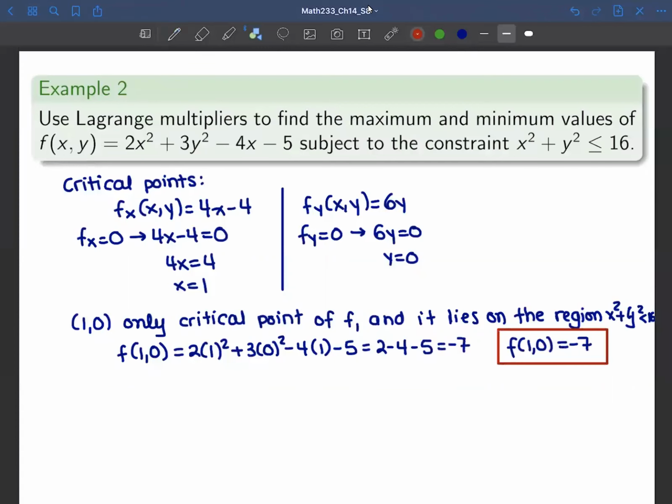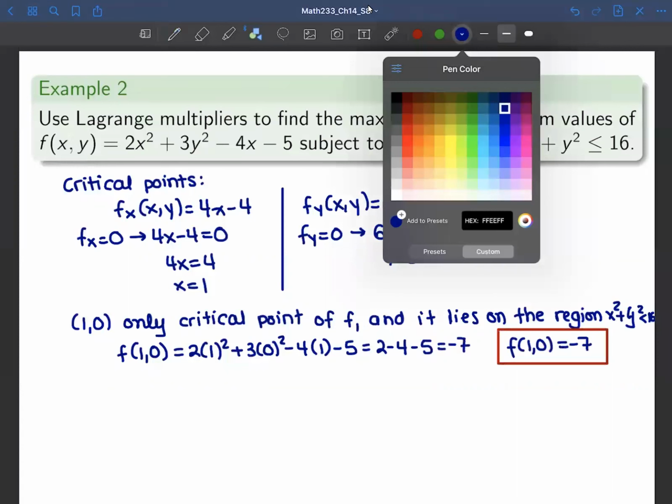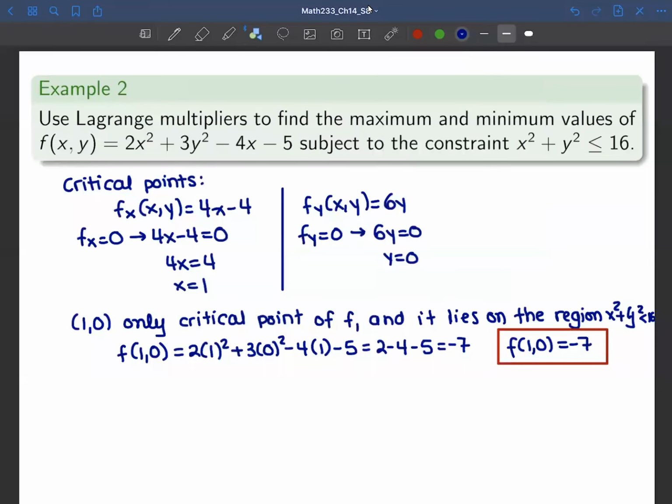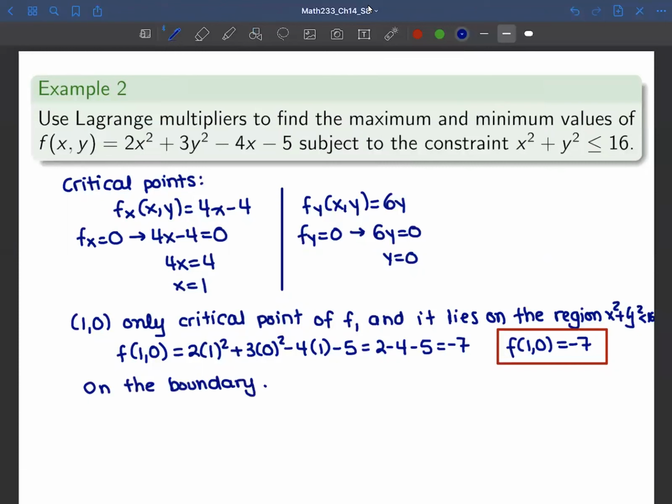So on the boundary of the constraint, we have g(x, y) = x² + y² = 16.